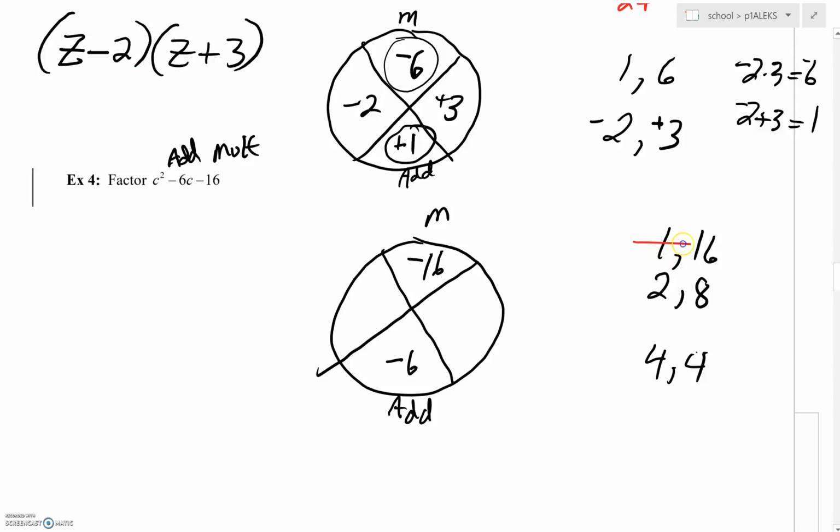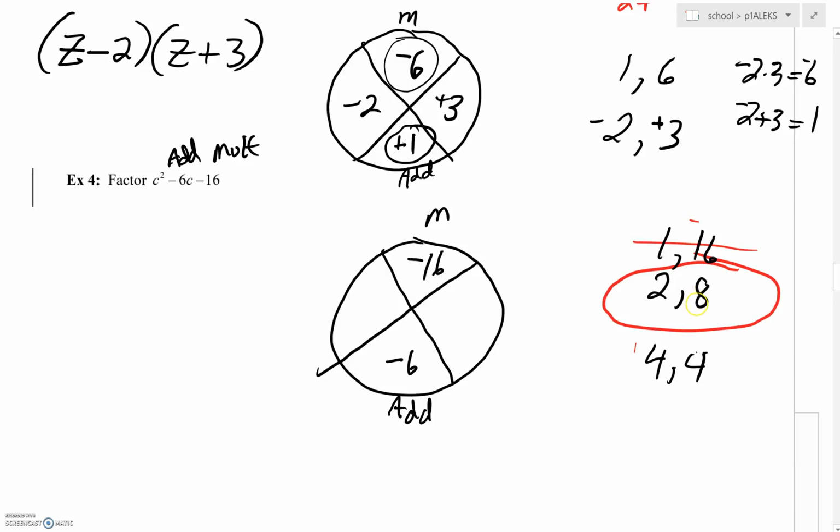No, the reason is a 1 and a 16, even if one of them were negative, you're not going to be able to get them to add to become a -6. Kids would say, look at the 4. Well, if one of them's a positive, one of them's a negative, and that's what has to happen if you're multiplying to a negative, that would add up to a 0. You're going to be looking right here with the 2 and the 8.